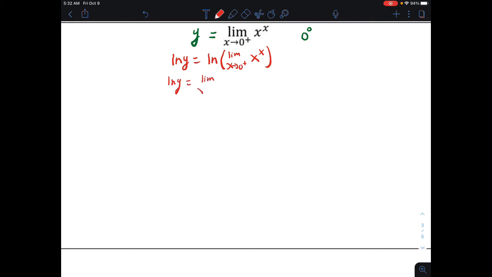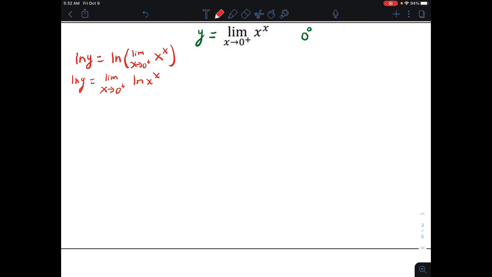So the limit as x approaches 0 from the right of the natural log of x to the x power. Now we're going to use some properties of logarithms. I can take the exponent of that x and bring it out front. So I have the ln of y equal to the limit as x approaches 0 from the right-hand side of x times the ln of x.